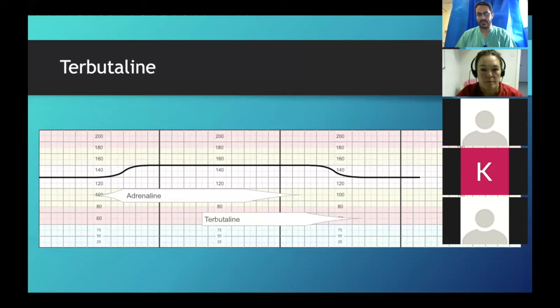Tachycardia is the main. So mum would become a bit tachycardic. You need to warn her that she may also become a bit more shaky. So if she's an anxious woman, you need to warn her that this is going to make you feel a bit more shaky. Okay. Anything else?